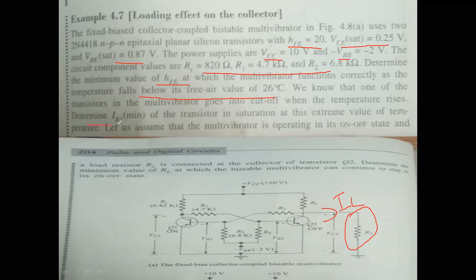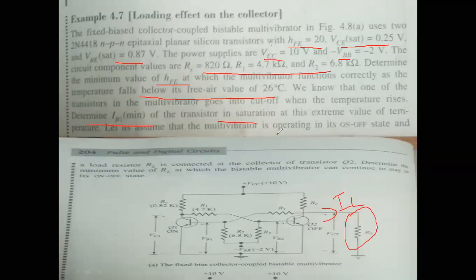Now determine the IB minimum of the transistor in saturation. IB minimum is nothing but IC saturation divided by HFE. If you take IC sat divided by HFE, you may get the IB minimum current. You have to find out the saturation current so that you may get the IB minimum value.